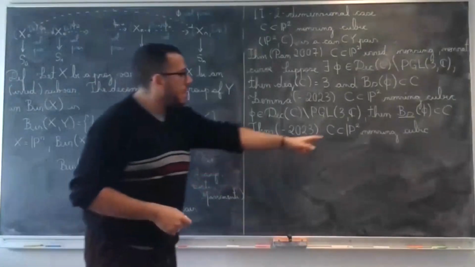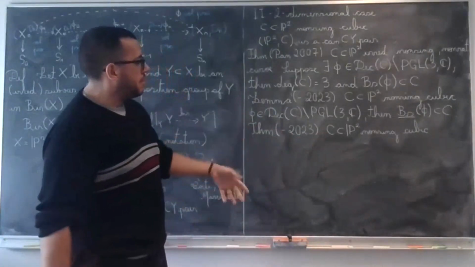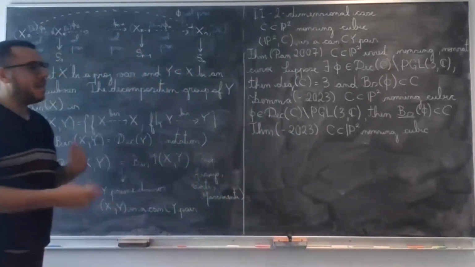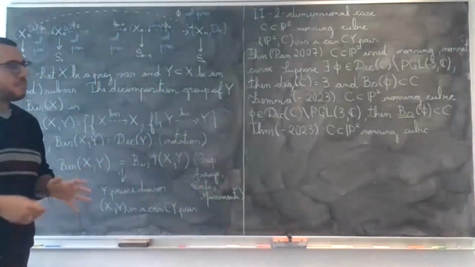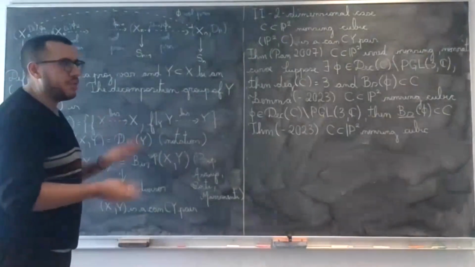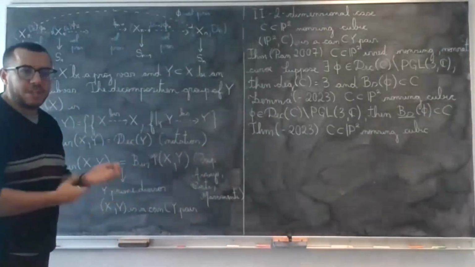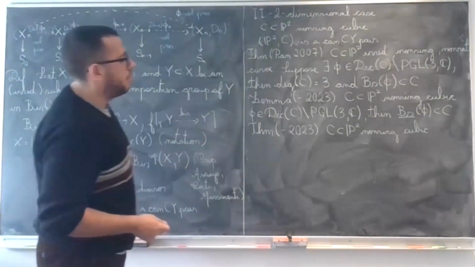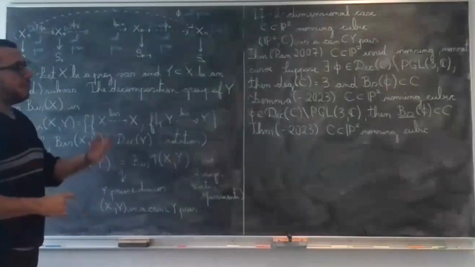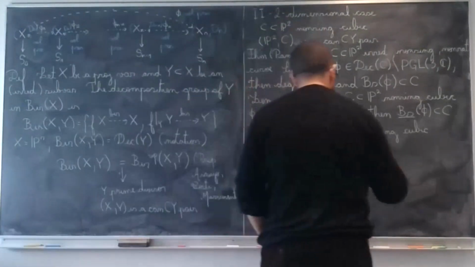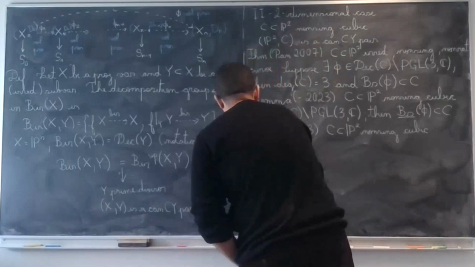It was really important for this result to have this lemma here. Basically, the idea of the proof is induction on the number of volume preserving Sarkisov links necessary for a factorization of this map.